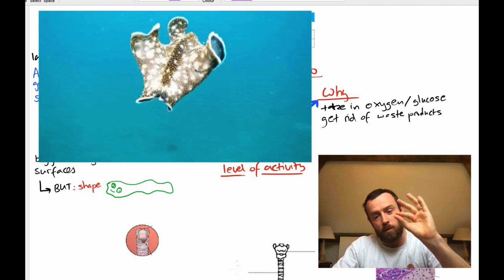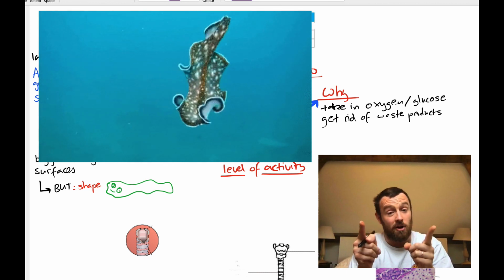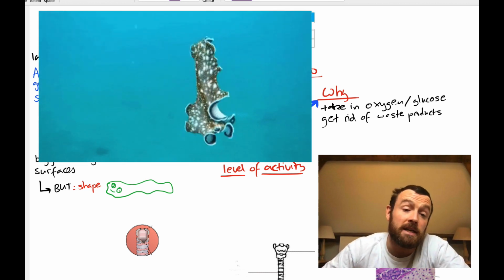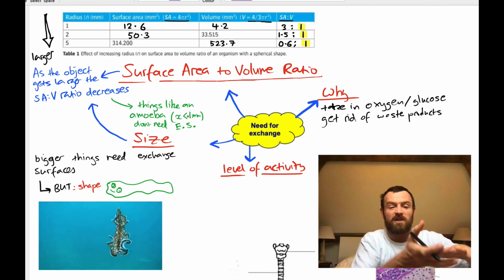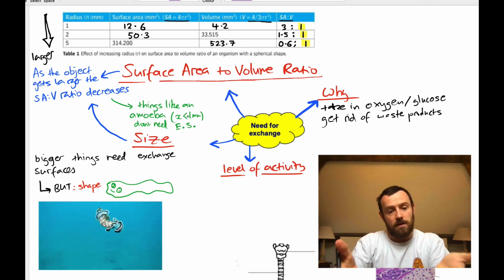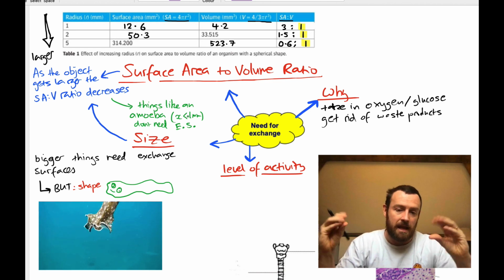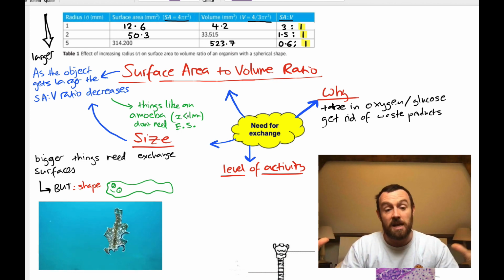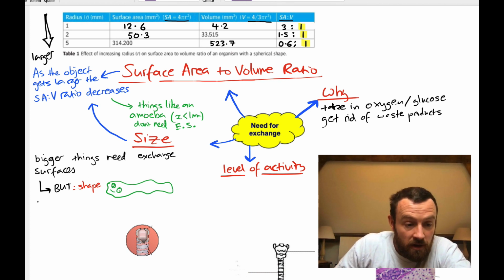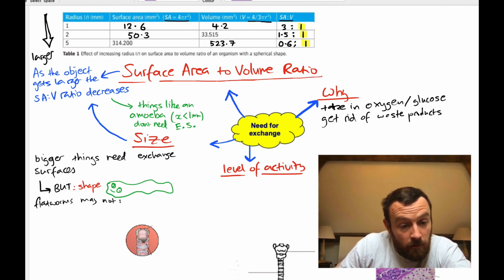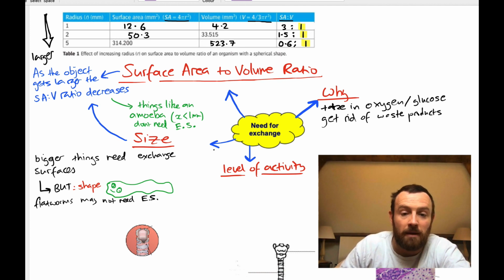Flatworms could be 1 or 2 millimeters thick, but maybe about this long or so. And they might not need a specialized exchange surface because they've got that large surface area of their skin, which, because they mainly live in the water, they can take in oxygen, let's say, through their skin. But shape, flatworms may not need ES, exchange surface. Okay, there's a flatworm here.